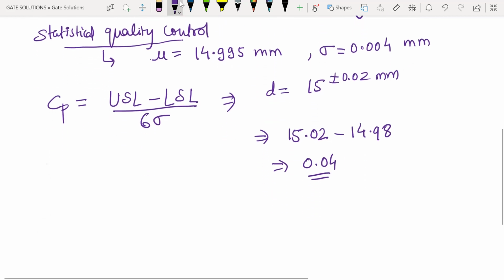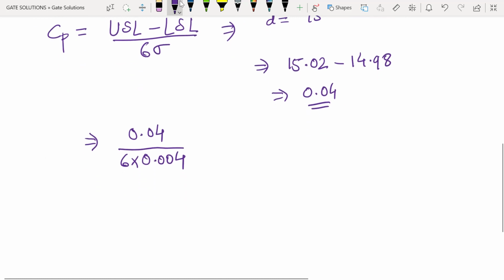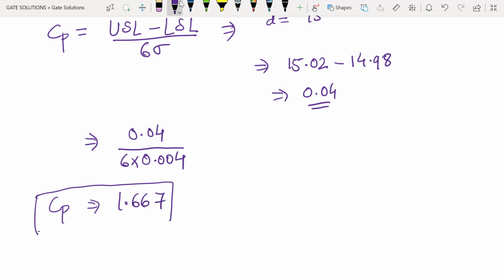That means the difference between the upper specification limit and the lower specification limit is 0.04, divided by 6 times sigma, which is 0.004. After solving, we get Cp as 1.667. So this is our answer.